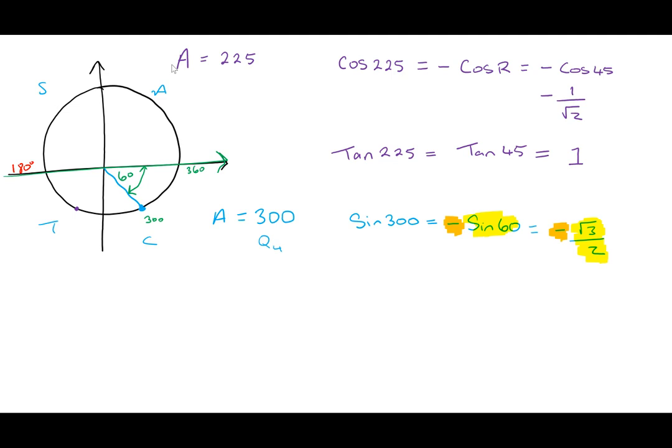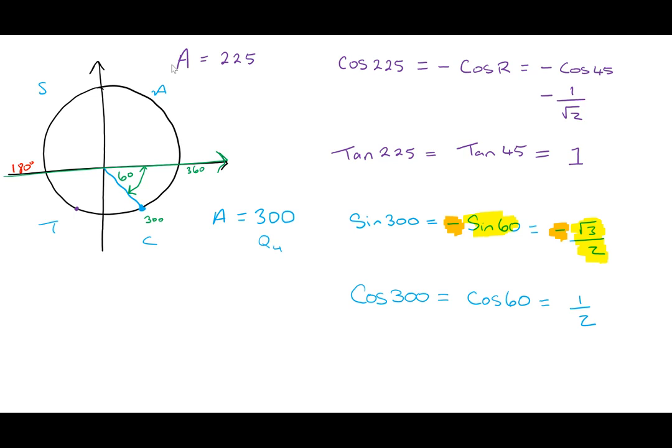If I want to look here at cos 300, in the fourth quadrant, cos is positive. So cos of 300 is the same as cos 60. So cos of 60 is 1/2.